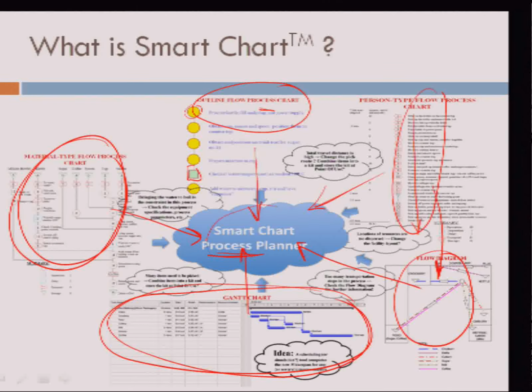So the Smart Chart Process Planner, what we have done, for example, is we took the Toast Kaizen video that is published by the Greater Boston Manufacturing Partnership, and we tried to show that the creators of that particular resource, while they did a good job, they missed so much that industrial engineers could easily add.